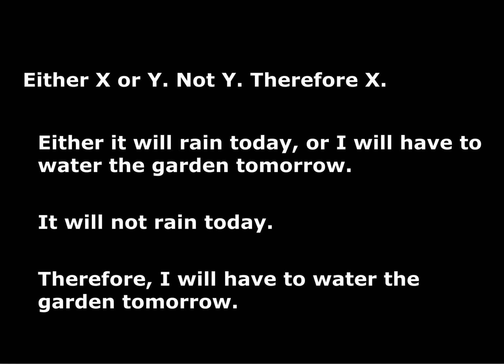And I could say either it will rain today or I will have to water the garden tomorrow. It will not rain today, therefore I'll have to water the garden tomorrow. And that has the same form, either X or Y, not Y, therefore X. It's the same form, but it's filled with different content. In this case, the content is about rain and watering the garden.